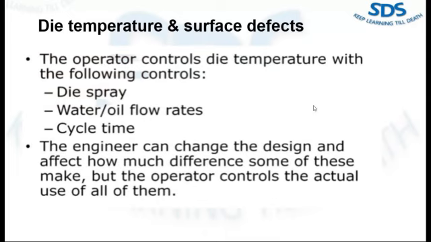And a very common parameter is the cycle time of the machine. If the machine is running in semi mode or manual mode, the operator is the one achieving the die temperature, because they have the time or freedom to spray for 10 seconds or 5 seconds, or take the casting from the die and put it on a casting table.